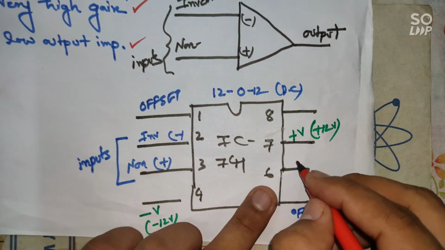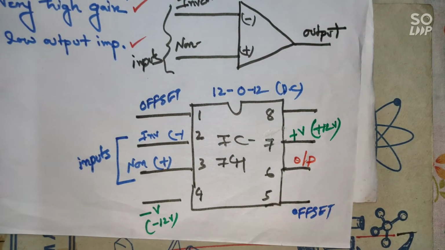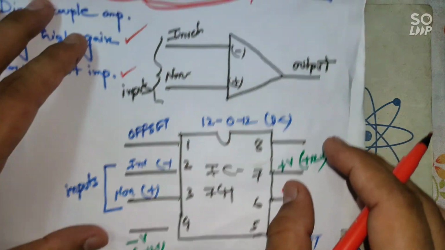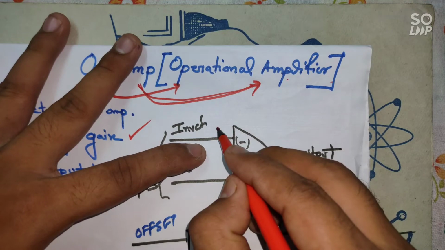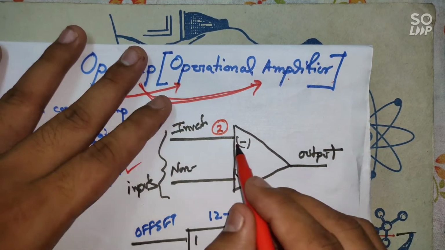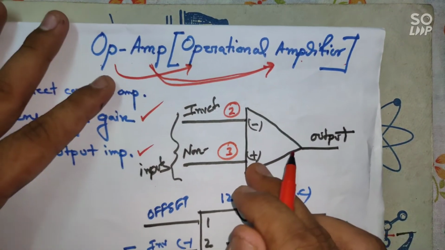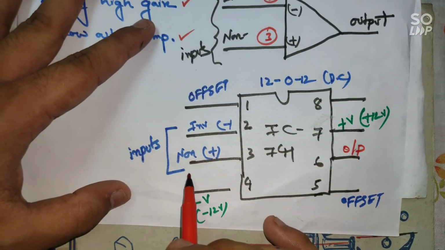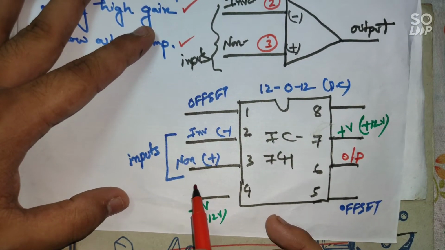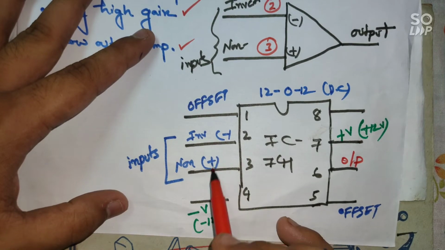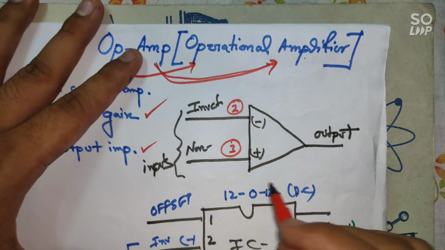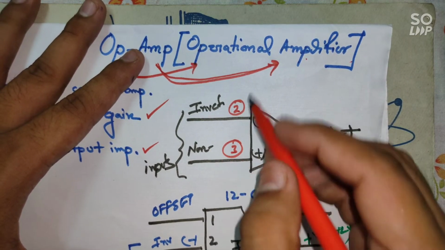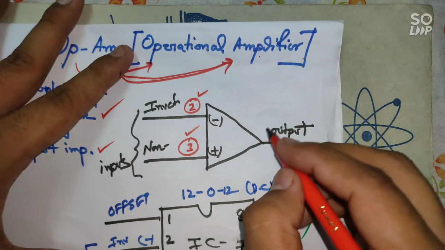Finally, pin number 6 is the output pin. So from here we can recall, pin number 2 is inverting and pin number 3 is non-inverting. Using the op-amp symbol, pin number 2 is this, pin number 3 is this, and the output pin is pin number 6.